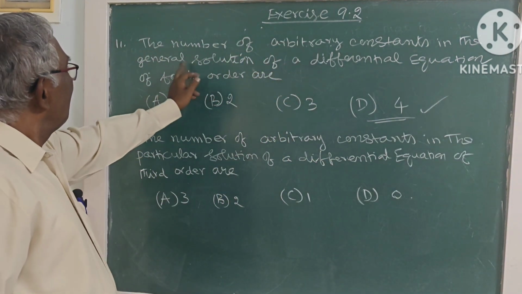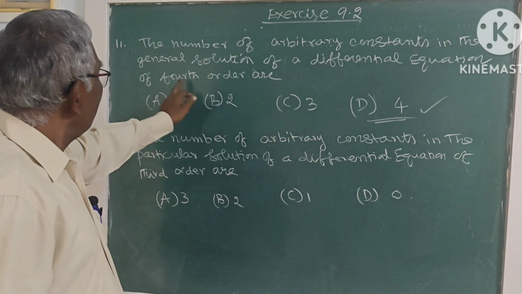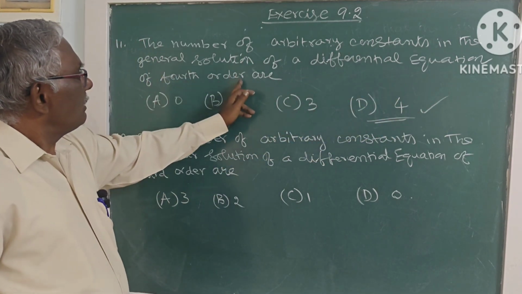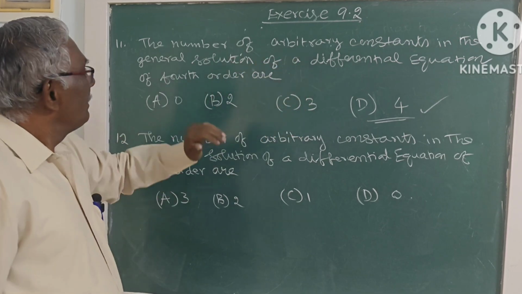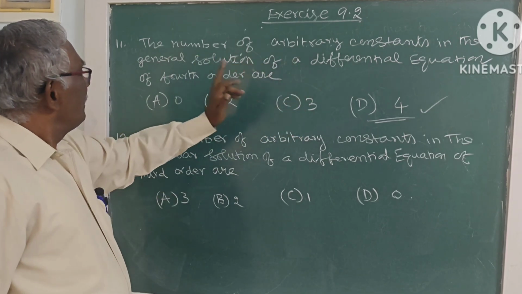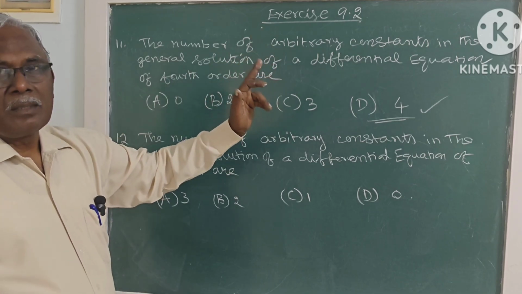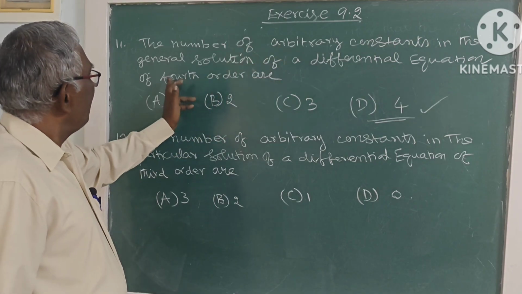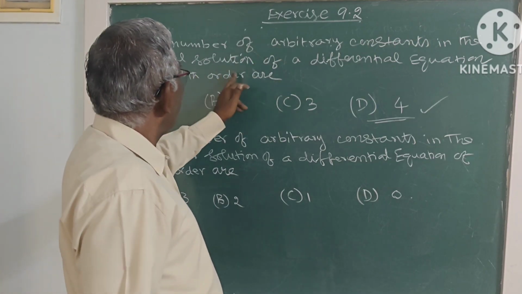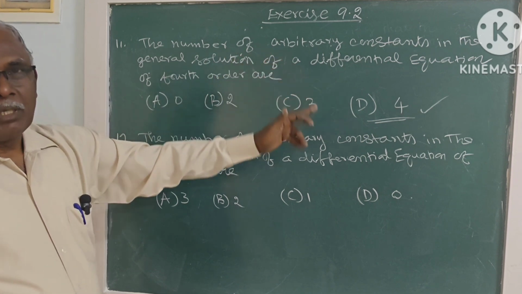The number of arbitrary constants in the general solution of a differential equation of third order means that will be 3. Number of arbitrary constants of differential equation of second order means 2. The number of arbitrary constants in the general solution of differential equation of first order is 1.